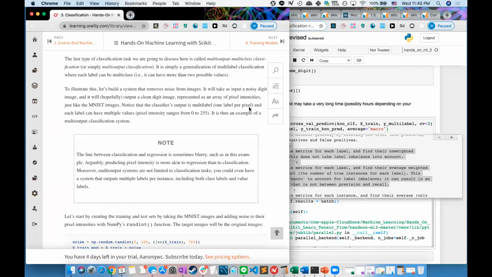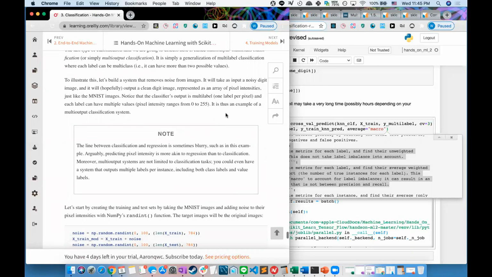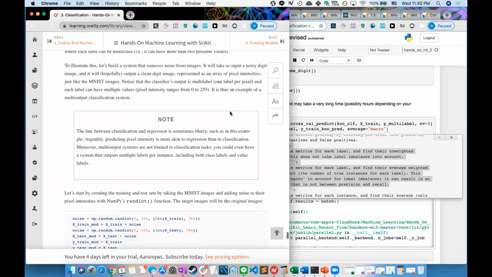So we literally have 784 labels per sample, and each label can have multiple values. Pixel intensity ranges from 0 to 255. That's an example of a multi-output classification system.